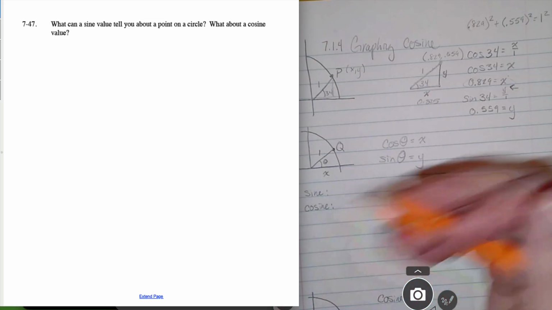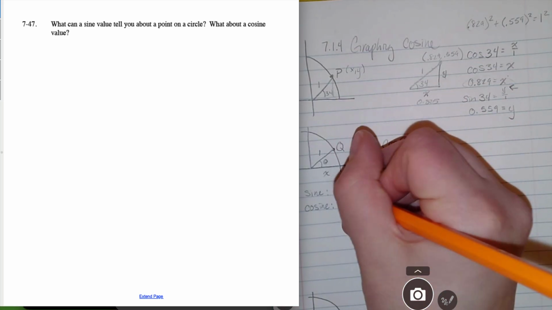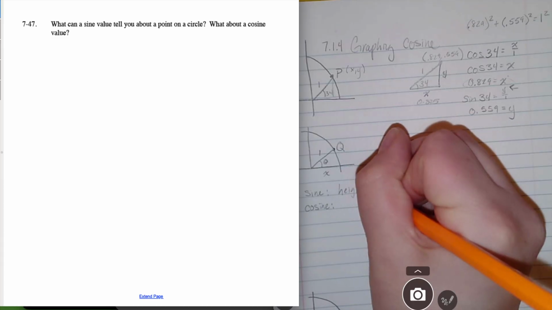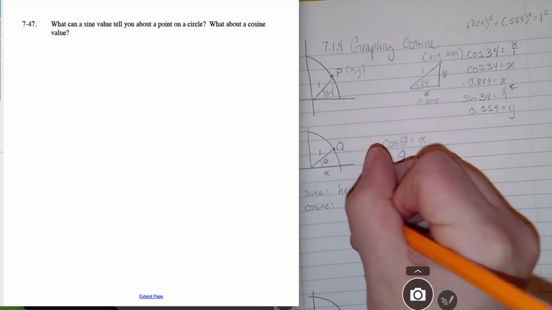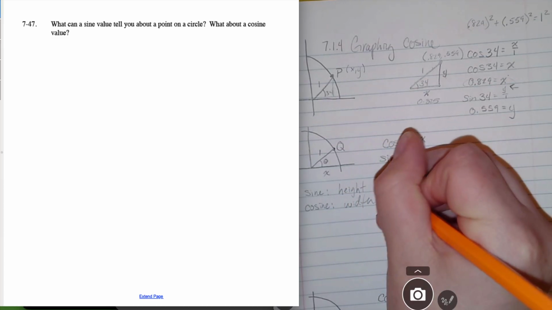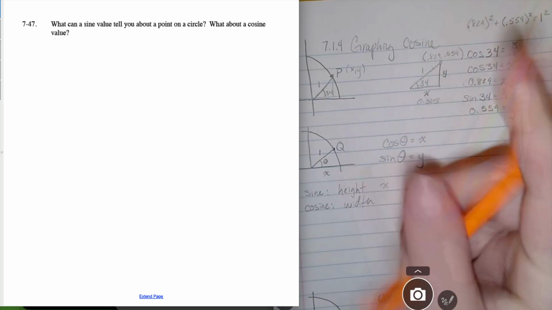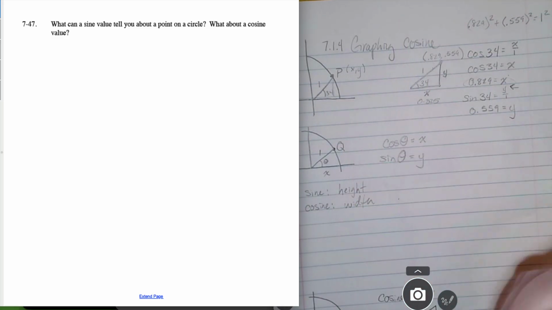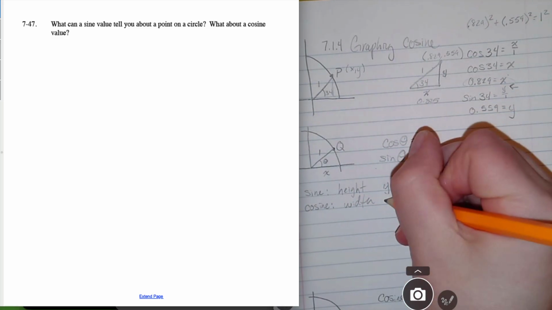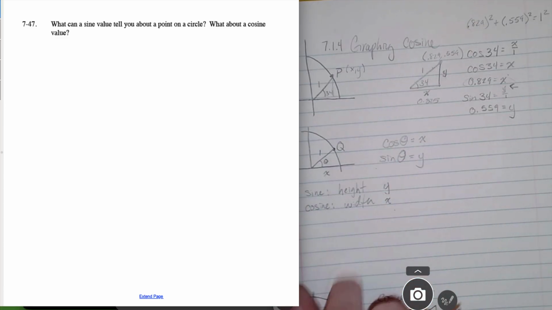So the big idea is that sine is always going to be the height, and cosine is always going to be the width. x, or I'm sorry, I have that backwards, y, and x. So that's our bigger idea.